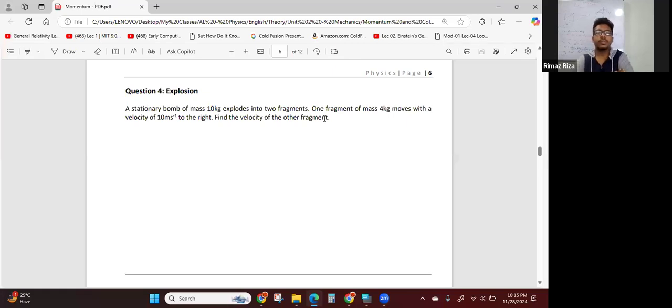Physics is very easy if you understand the underlying concept, then you can answer any question just using that basic principle. So here you have to use the linear momentum conservation before the explosion and after the explosion, because the bomb explodes due to internal reactions.